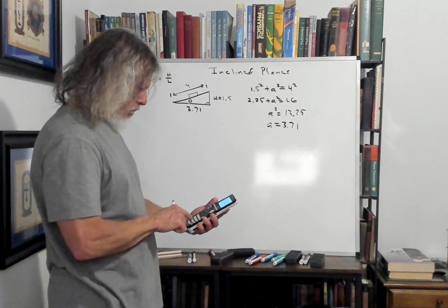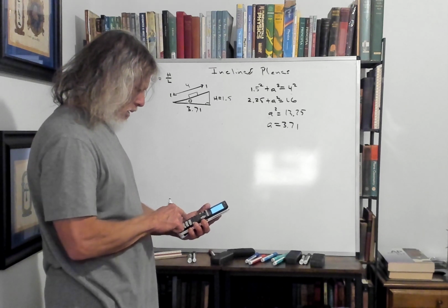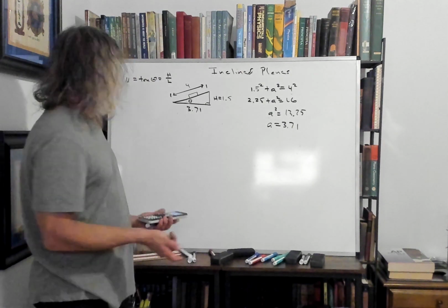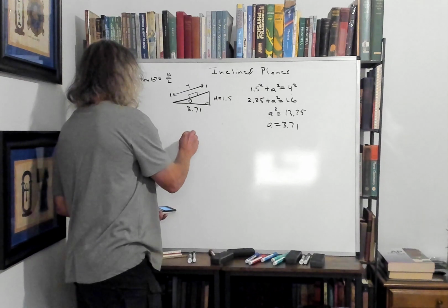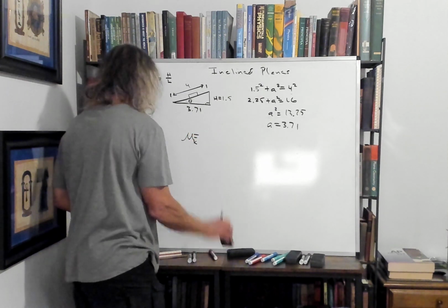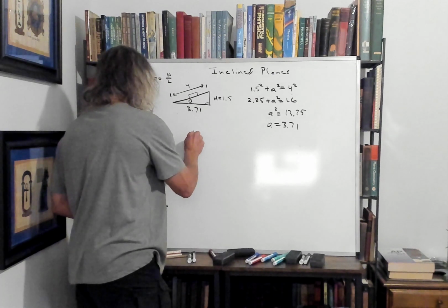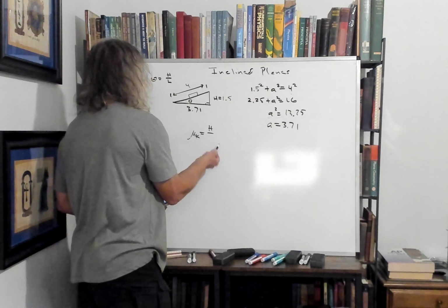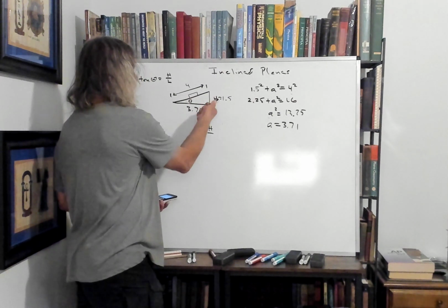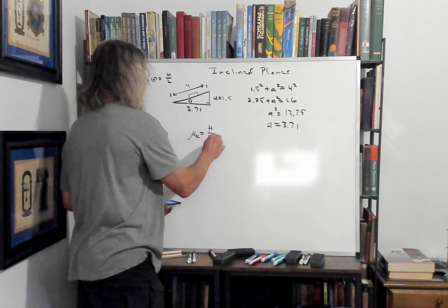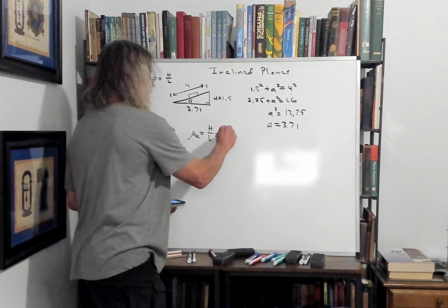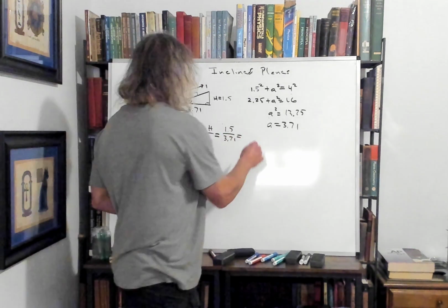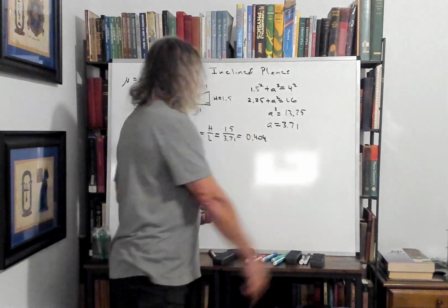So then, as we saw before, the coefficient of kinetic friction is h over the base, because it's constant speed, so kinetic. But remember, I'm calling this L, and that's h, so don't confuse it with what they're calling the length. So 0.404.